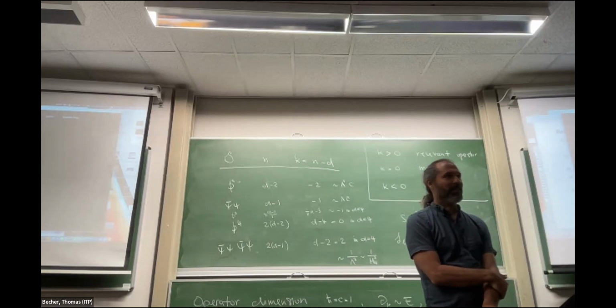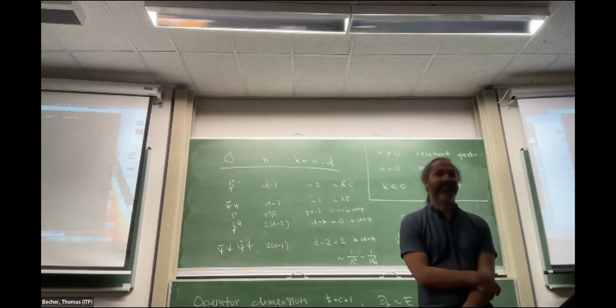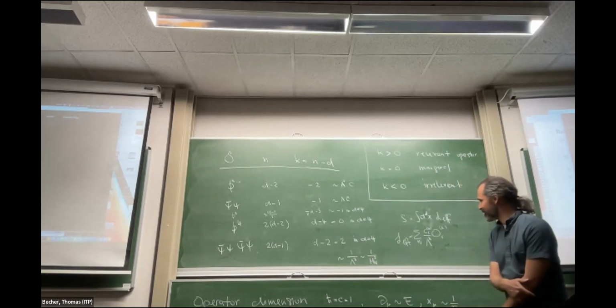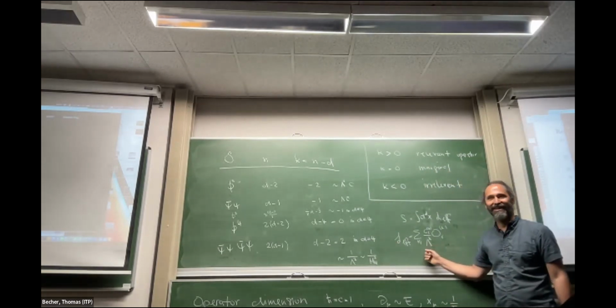So, how many irrelevant operators are in the standard model Lagrangian? Of course, there are many operators, and it's sometimes difficult to see, but you can just look at the dimension of the coupling in front. That should give you a hint whether it's relevant or irrelevant.